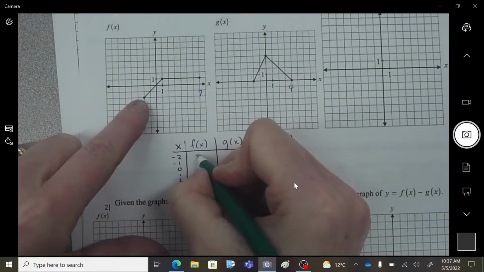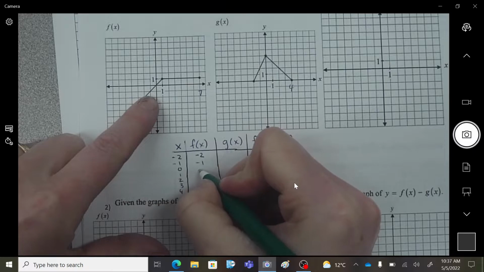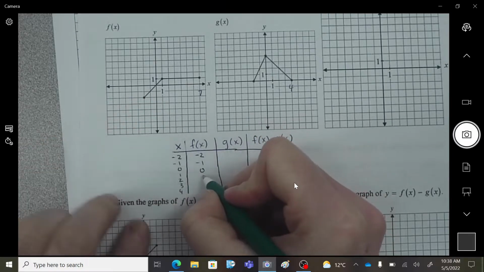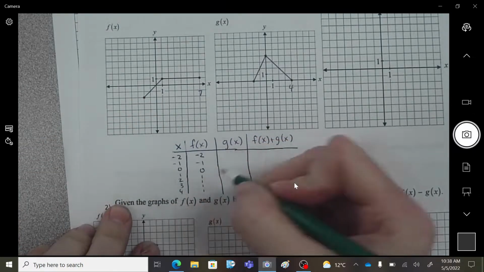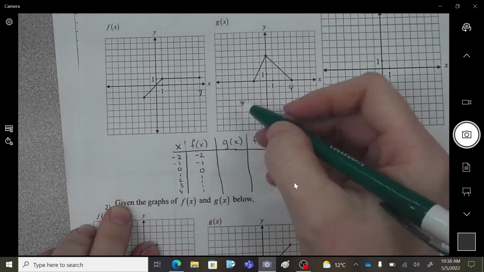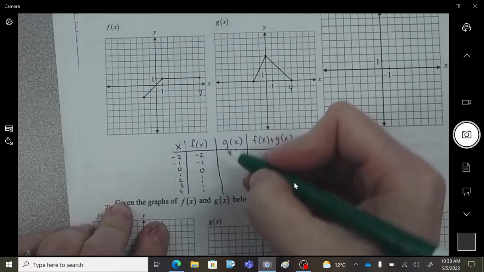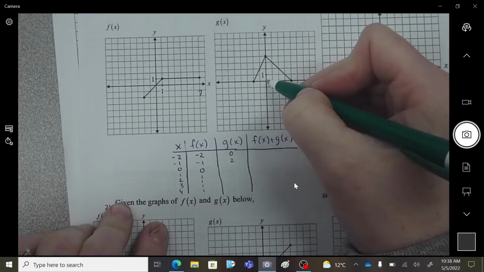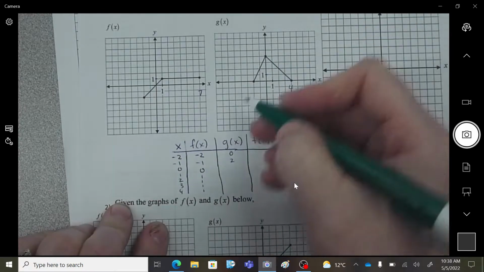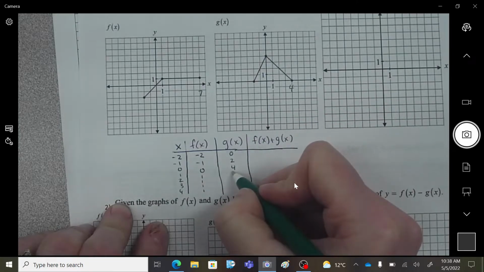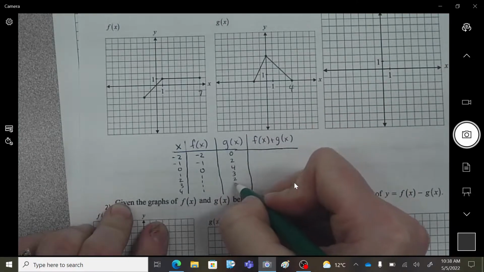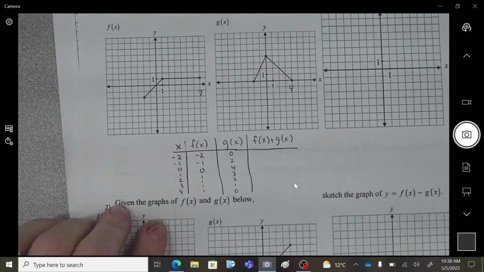So a height of -2, -1, 0, and then 1, 1, 1, 1. The g function, we are at 0, then we're at 2, and then we're at 4. 3, 2, 1, 0 are the heights.